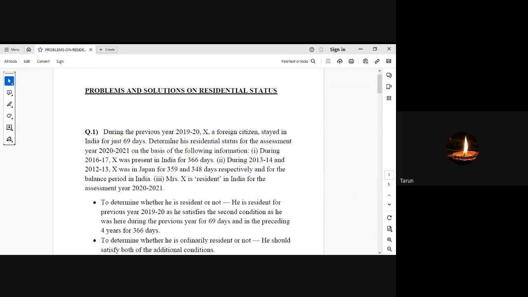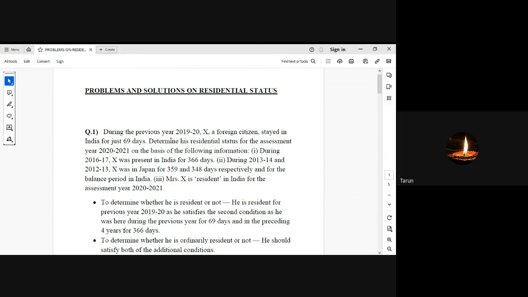Only the days X spent in India during these years will be counted. For example, a whole year has 365 days, but in 2013 to 14, X spent 359 days in Japan. So when we deduct 359 from 365, the rest of the days will be the days in India.